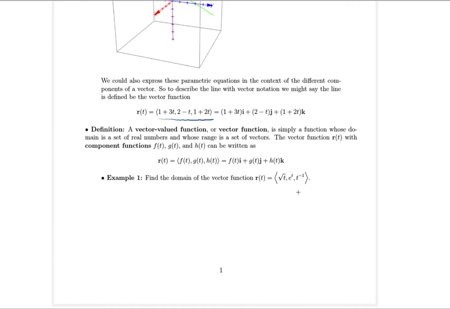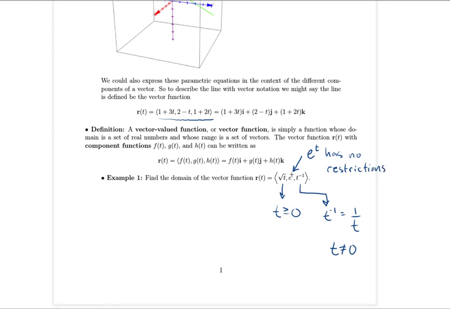In my x component, I can see that it's important to make sure that t is greater than or equal to 0. But then in the z component, I can also see that t to the negative 1 is equal to 1 over t, right? And so we also know that t should not be 0. And then we'll just note that for e to the t, really nothing can go wrong there. It has no restrictions.